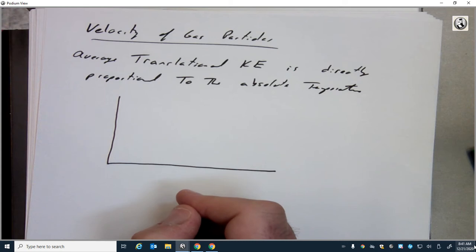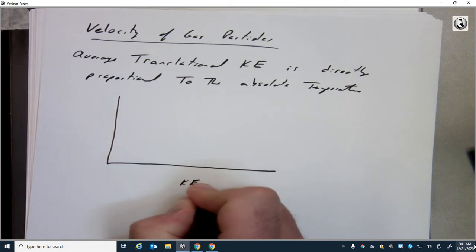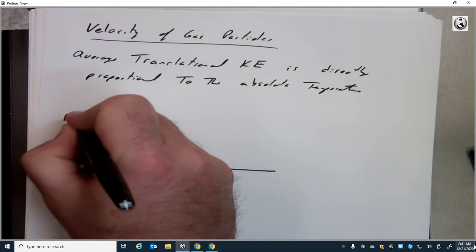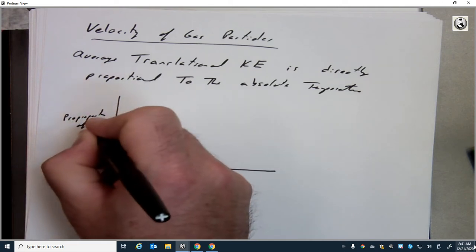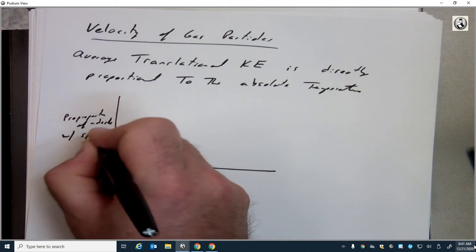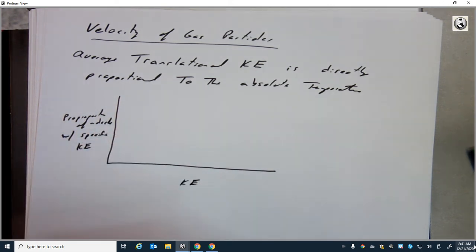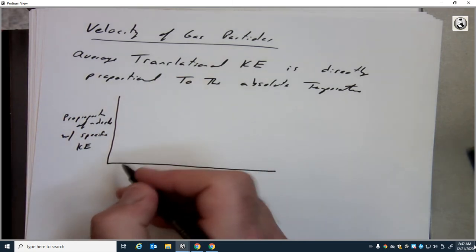All right, so now let's just look at a couple graphs here. Let's label this kinetic energy, and let's look at the proportion of molecules with specific kinetic energy. All right, so this is a sample of gas. So if we were to measure the kinetic energy of all the gas particles in a sample, we would get this type of curve.